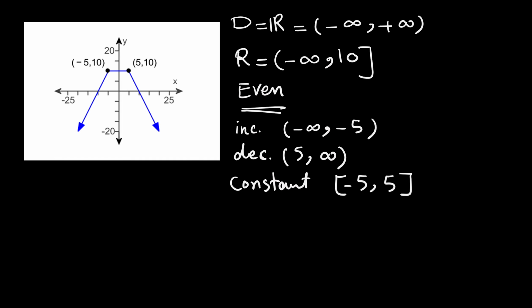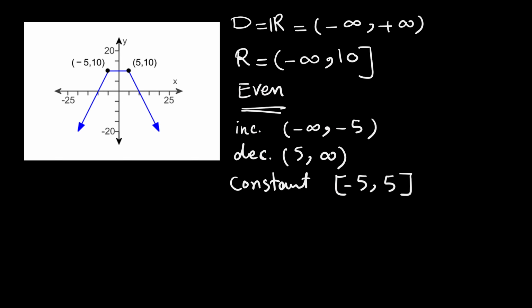Why do I include negative 5 and positive 5 in the interval? Because the y value here is 10, here is 10, and in between is 10. So the function is constant in all these intervals.